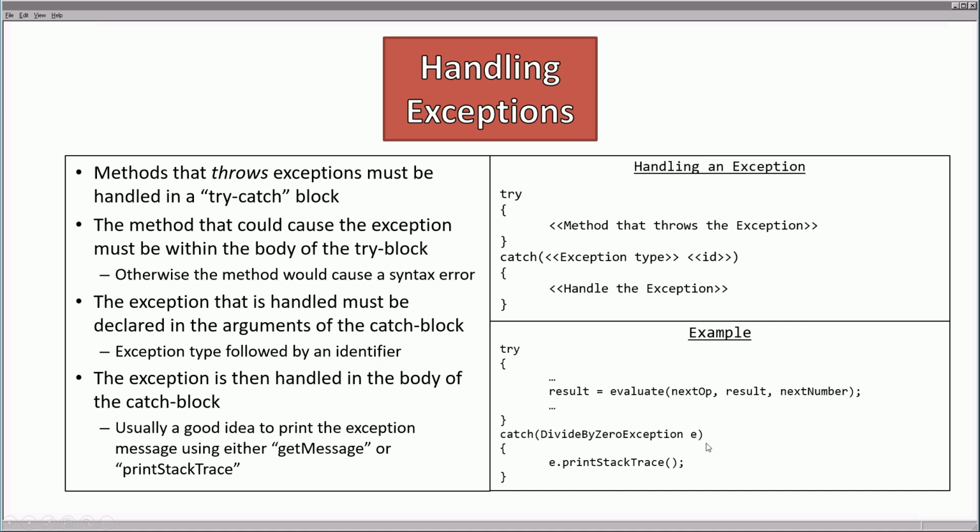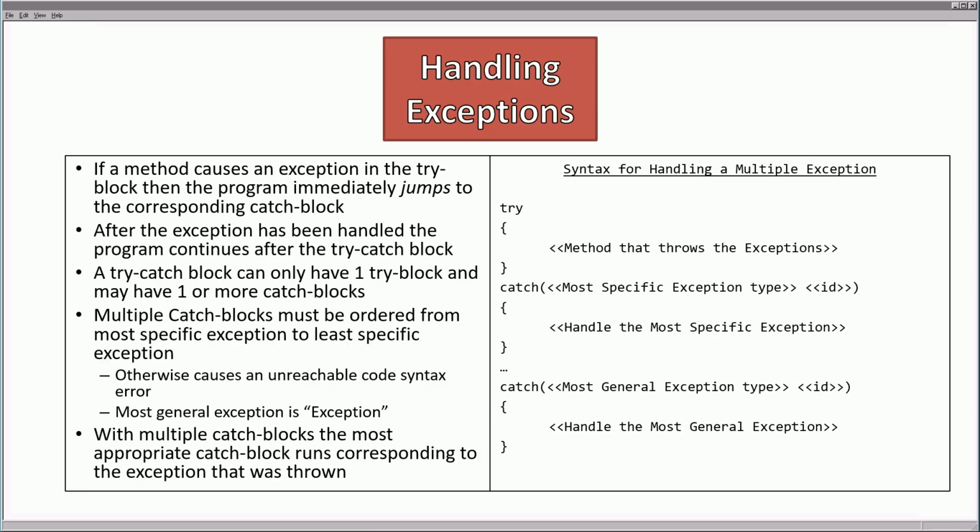We use the identifier e, and then inside the body of this catch, we call the method printStackTrace. What printStackTrace does is it not only prints out the message that is inside the exception, but it also prints out what was on the call stack whenever this runtime error happened. This can be very useful in debugging these errors.